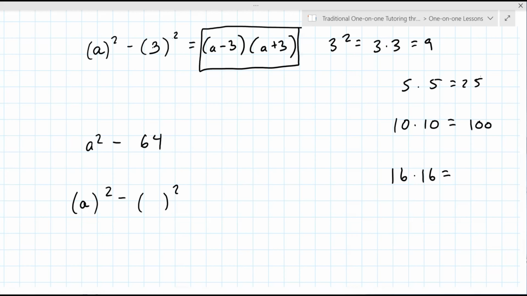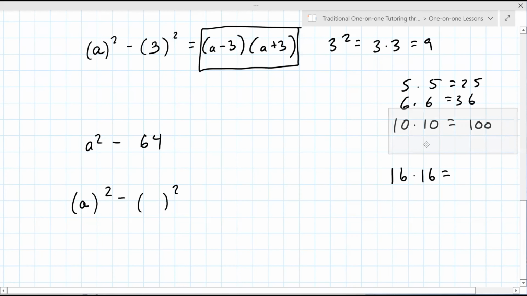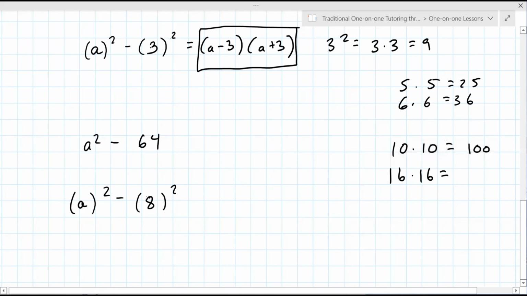So it's between 5 and 10. This is where you go back to your multiplication table. 6 times 6 is 36. Then 8. Yeah, it's 8. 8 goes here.